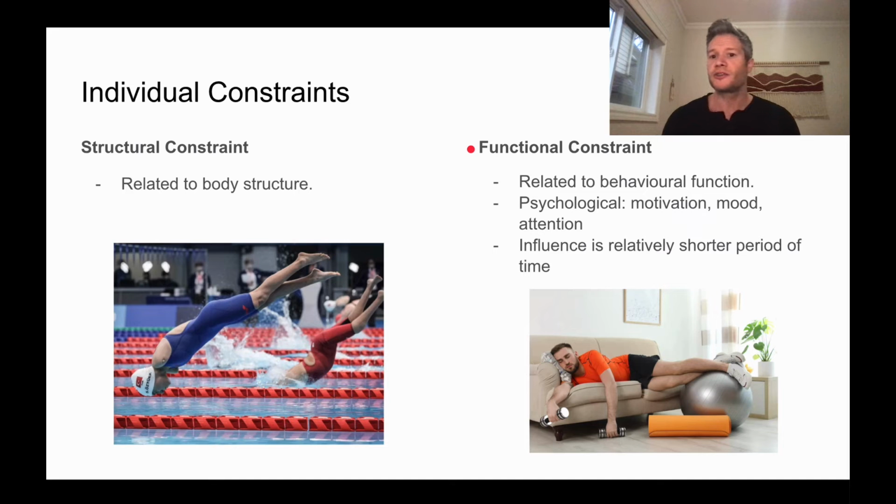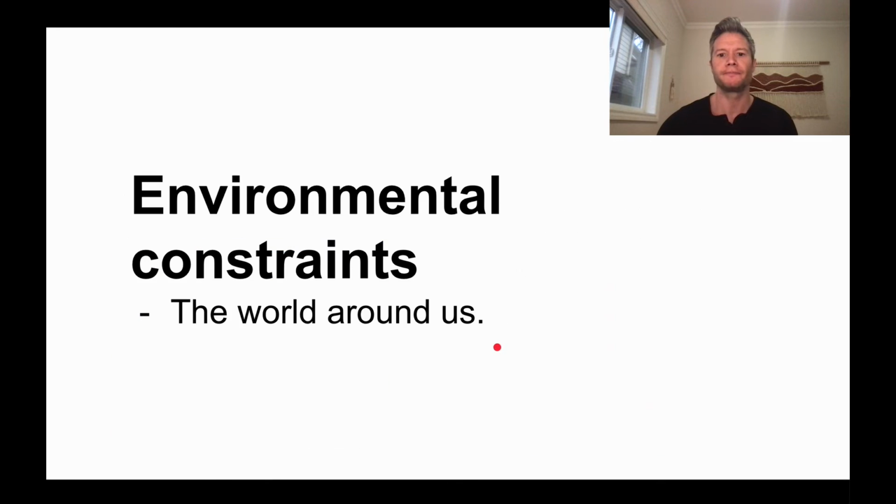A functional constraint has to do more with the mental capacity of the individual. So things like, psychologically speaking, motivation, mood, attention. I just love that photo. Very not motivated. There's a large functional constraint occurring here for this individual. Okay, and typically functional constraints are a bit more transient over time. Okay, so they change pretty quick.